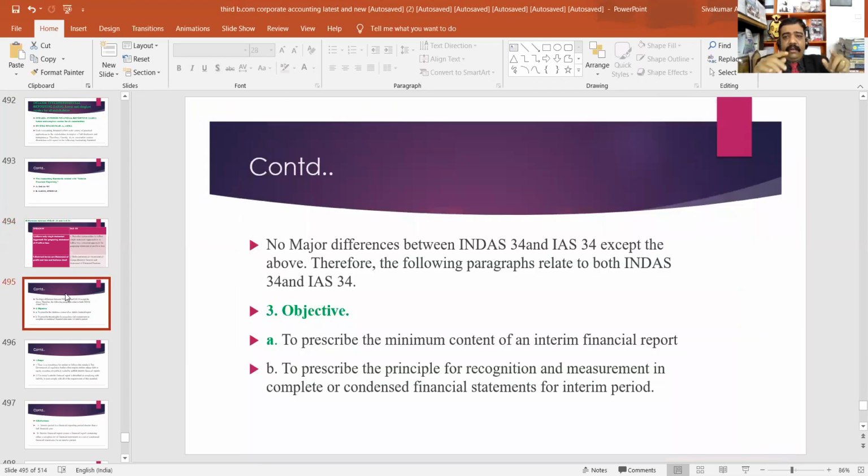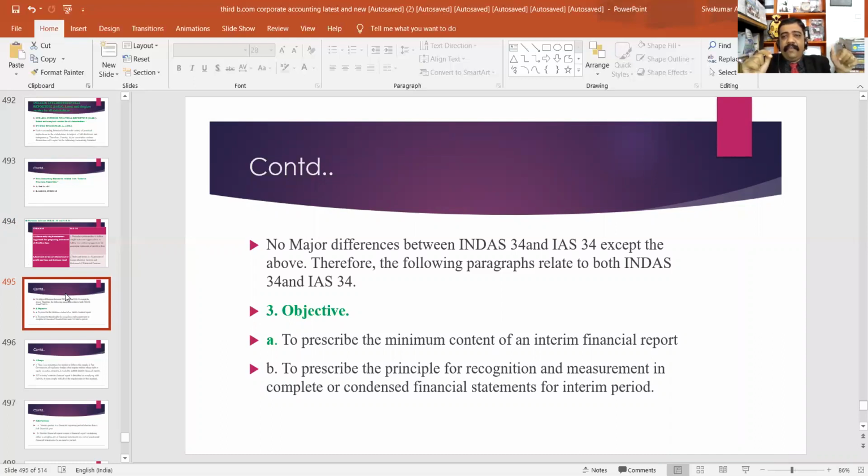And now we have to understand the objective of this accounting standard. Objectives of Ind AS 34 and IAS 34. First objective, to prescribe the minimum content of an interim financial report. Second, to prescribe the principles for recognition and measurement in complete or condensed financial statements for an interim period.